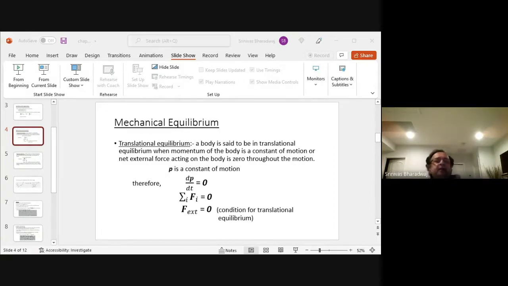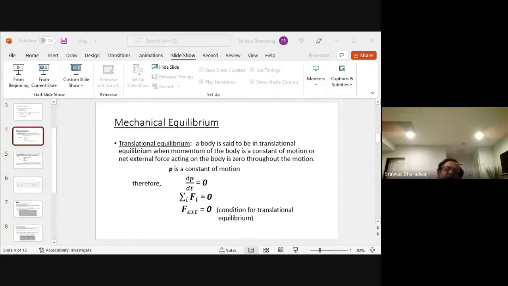Now, translational equilibrium is a necessary condition for total equilibrium as well. If there is translational equilibrium, it is still possible for there to be rotational dynamics. If there is total equilibrium, then there is both translational equilibrium and rotational equilibrium.